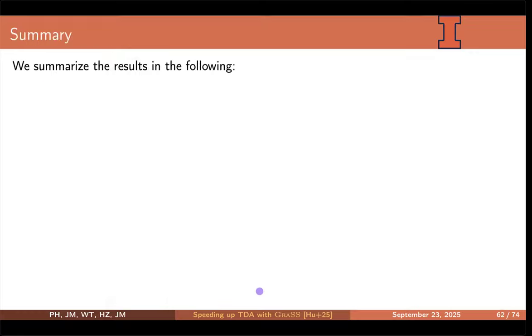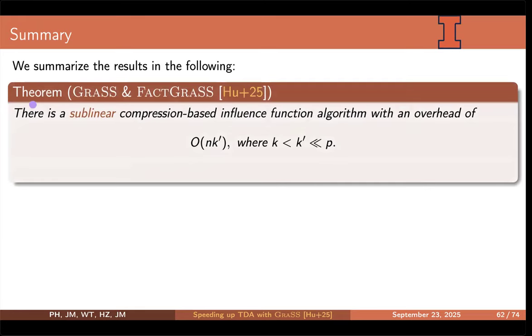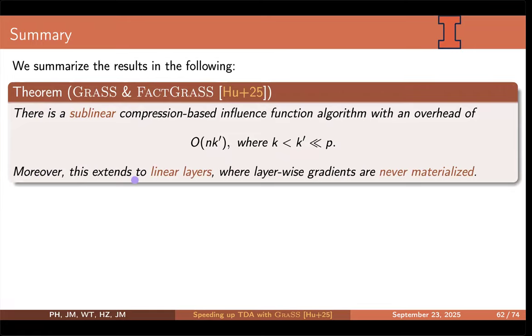We can summarize everything a little bit. This is a sublinear compression-based influence function algorithm with an overhead of O of N K prime, where K prime is much smaller than P, but slightly larger than the original dimension. Moreover, this extends to linear layers, and layer-wise gradients are never materialized.